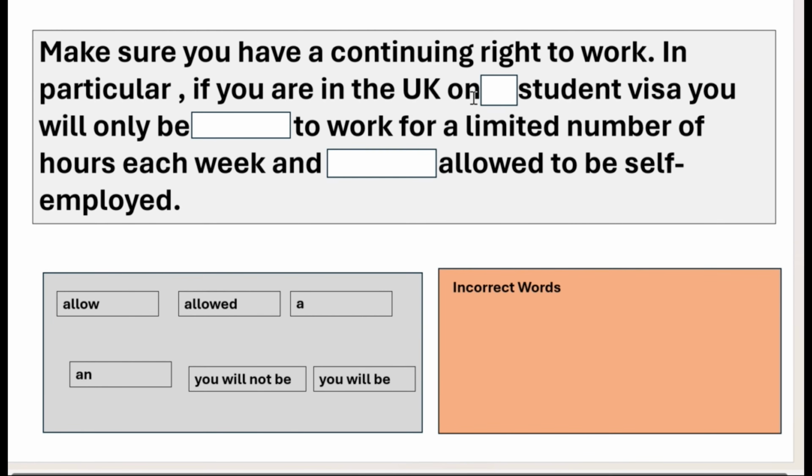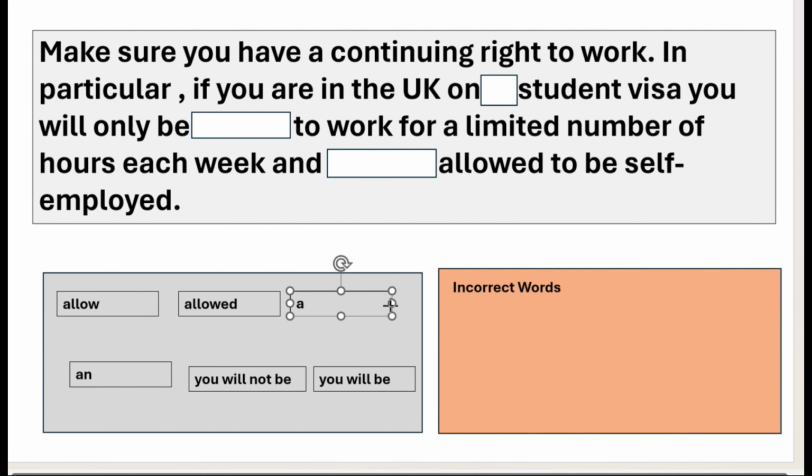So why is it A? Why is it not AN? Because the meaning of A and AN is the same, right? So why is it A? Why is it not AN? Because you know, in English there are 26 letters. They divided the 26 letters of English into two parts, which are called vowels and consonants.